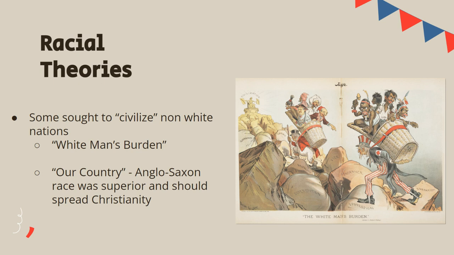Another source here is called Our Country by Josiah Strong. And Josiah Strong argues that the Anglo-Saxon race is superior to other races, and that Christianity is superior, and America has the duty to spread it. Now, obviously, there's a lot of racist ideas that go along with white man's burden, but this was an argument that they made at the time, and this was a way that America justified the use of force to take over and to take resources from other places.